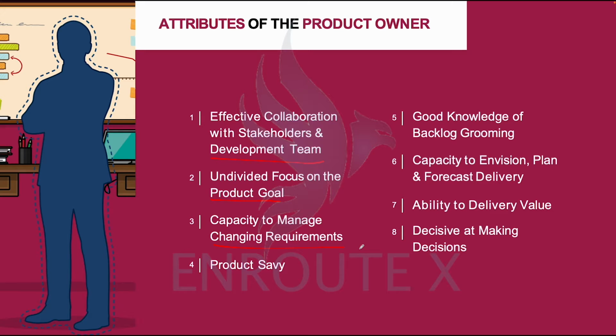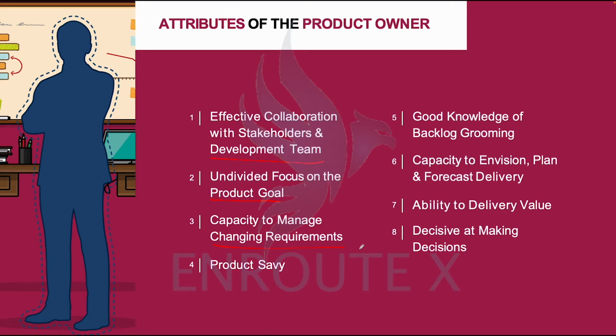So when changes are coming from time to time, the product owner must be able to manage those changes and reflect the same in the communication, the user stories, the work items, everything that needs to be delivered. The product owner must be adaptive to those changes.